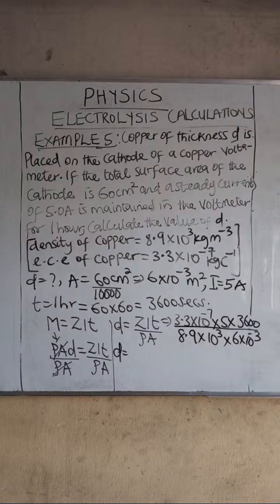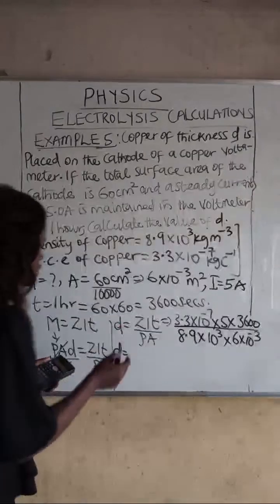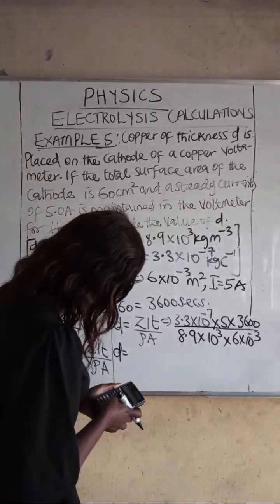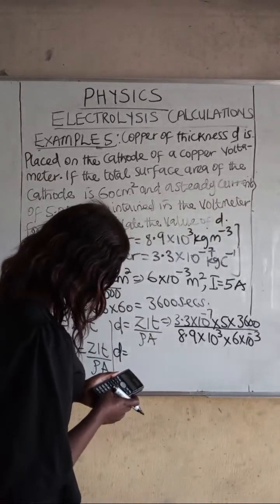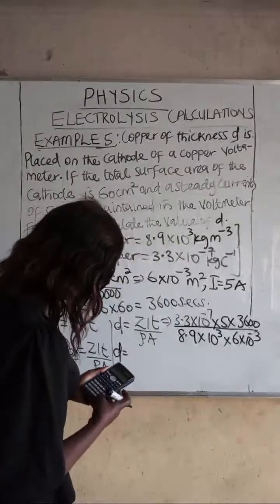All right. So let's proceed with our solving. Okay, so multiply the numerator, saying 3.3 exponent minus 7 times 5 times 3,600.